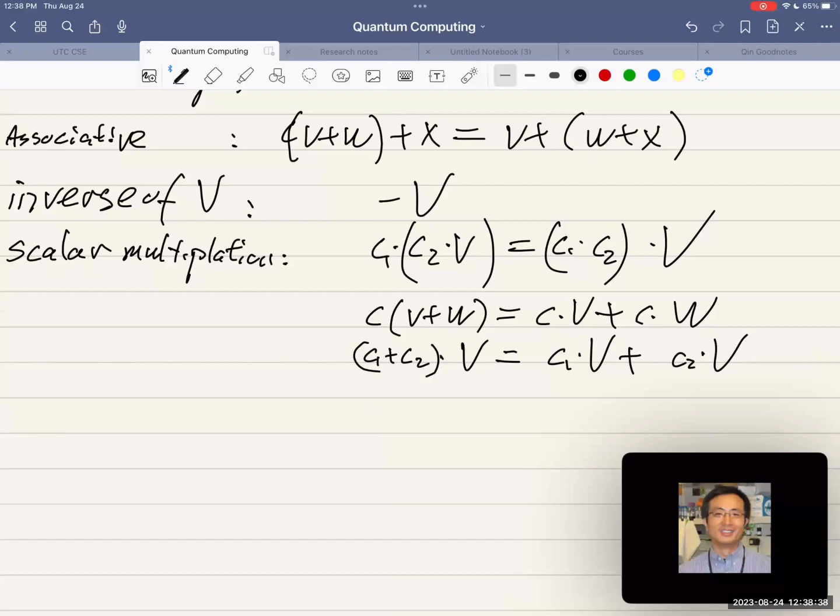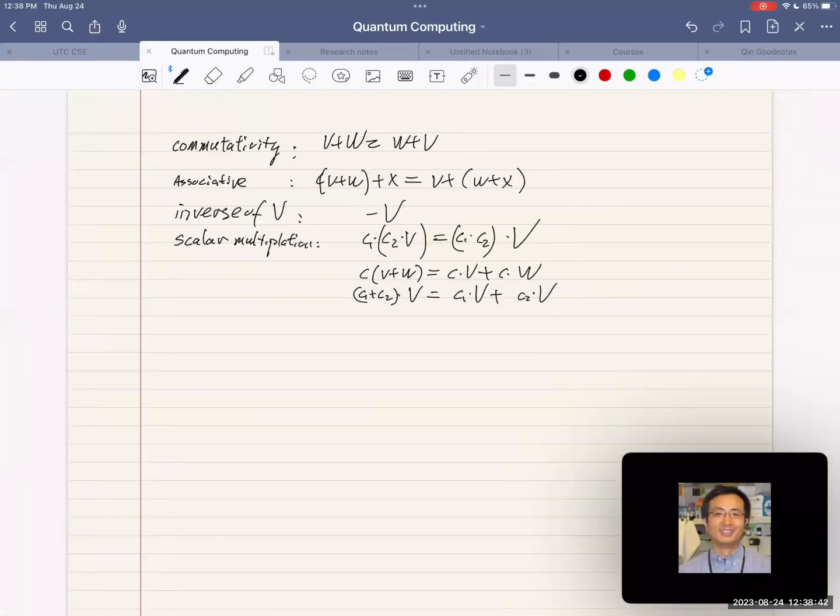For example, if you have a vector v and then the inverse, negative v, and we add them, v plus minus v will get 0 in the middle.